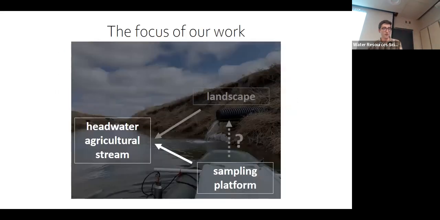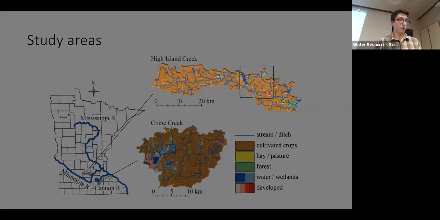And to start, I want to just show what the data from the sampling platform looks like, how we can measure in these headwater agricultural streams. I'm going to do that in High Island Creek, in this middle section of the watershed. It's characterized by High Island Lake and several flow-through wetlands that the stream goes through.